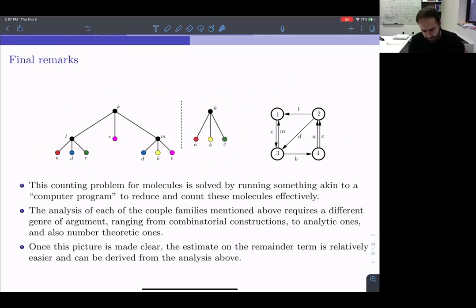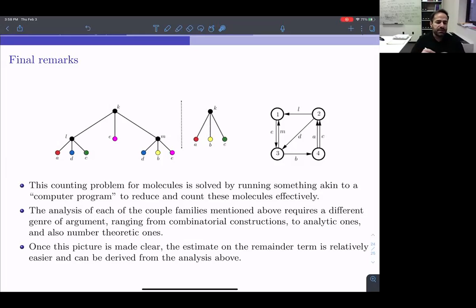I don't have time to elaborate too much on that, but the last thing I want to say is that the analysis of all those couple families that I mentioned in the last few slides, regular couples, irregular chains, type 2 chains, each one of those requires a different type of argument. And this ranges from combinatorial constructions, like the ones that we do here, to analytic ones, and also number theoretic ones. You need some number theory in order to estimate precisely the regular couples and their contributions.